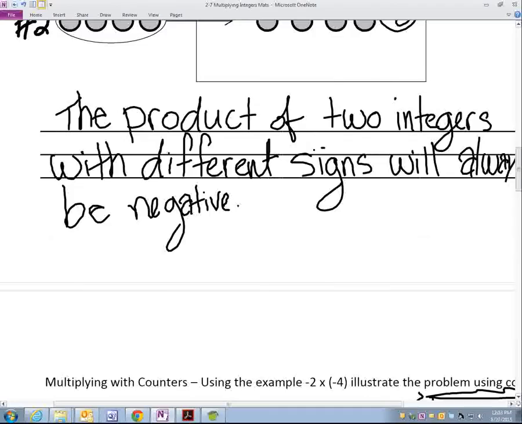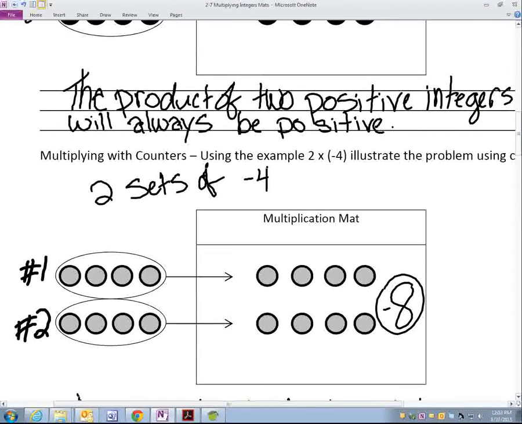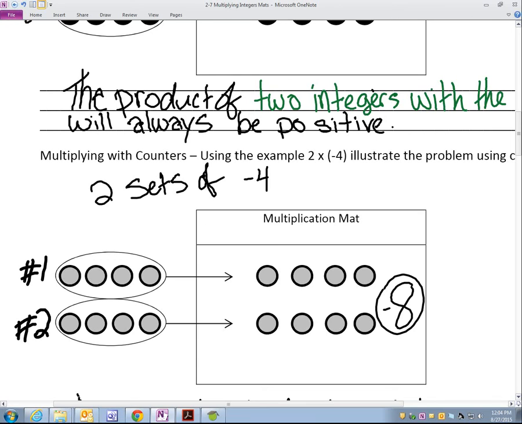Okay. Yes, because of this. The product with 2 positive integers, you know what? We could even change that to the same integers. The same sign. Let's do that.